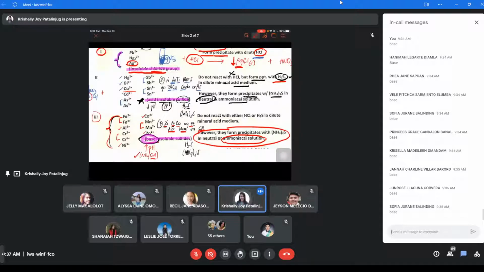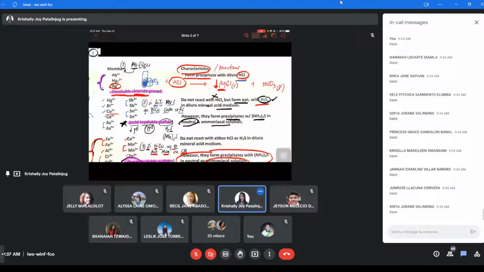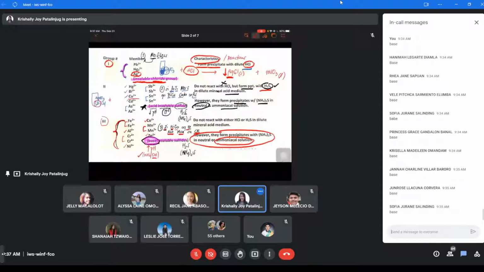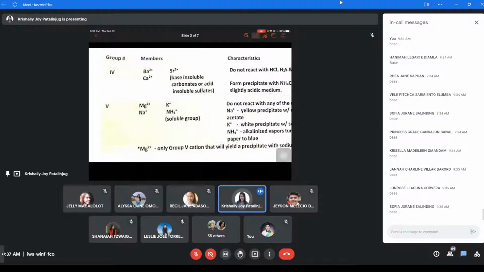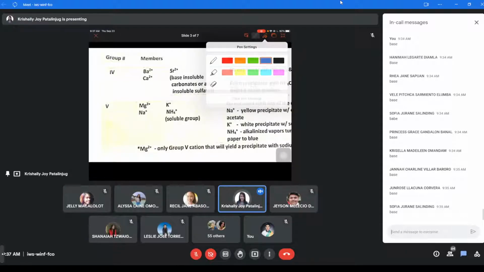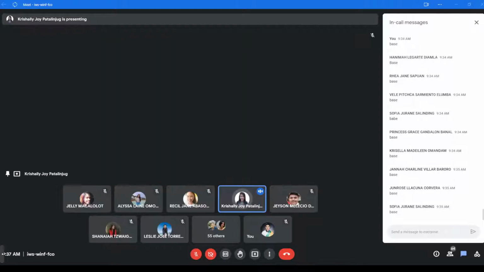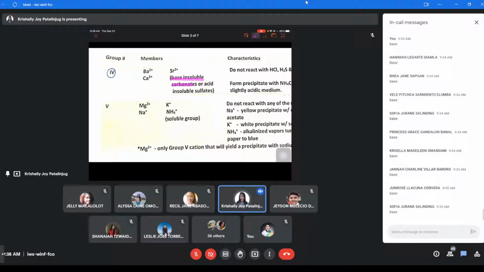Okay, so ulit ha, yung mnemonics dito, ziniko og fe, alaman sa CR. Okay? Sige, next. Okay, group 4 cations. So medyo madali na lang yung group 4 at saka group 5 kasi pakonte na lang yung cations. Okay? So group 4 cations, they are also known as, take note, base-insoluble carbonates. So kapag base-insoluble carbonates, they precipitate in the presence of carbonates at basic environment.